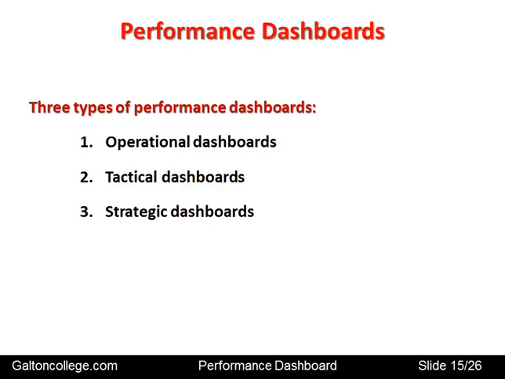So the tactical one is looking at how the system is running and looking at a slightly longer phase, perhaps over a 3-month period, because it needs to monitor how the operation is going about achieving its objectives, and it can't do that instantaneously.